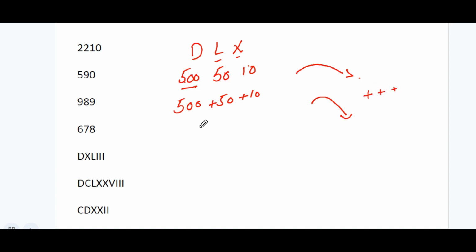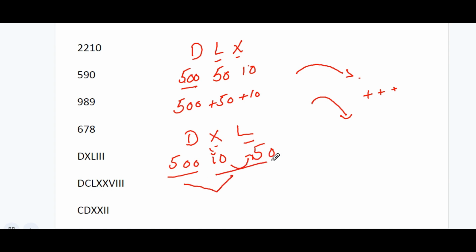Okay, so what happens if I write it like this, DXL? Now let's write our numbers. 500, and then we have 10, then we have 50. So we have a big number, that is 500. Okay, fine. We have a smaller number, 10. Okay, fine. But what happens now? Again we have a big number. We were coming down and then we suddenly went up.